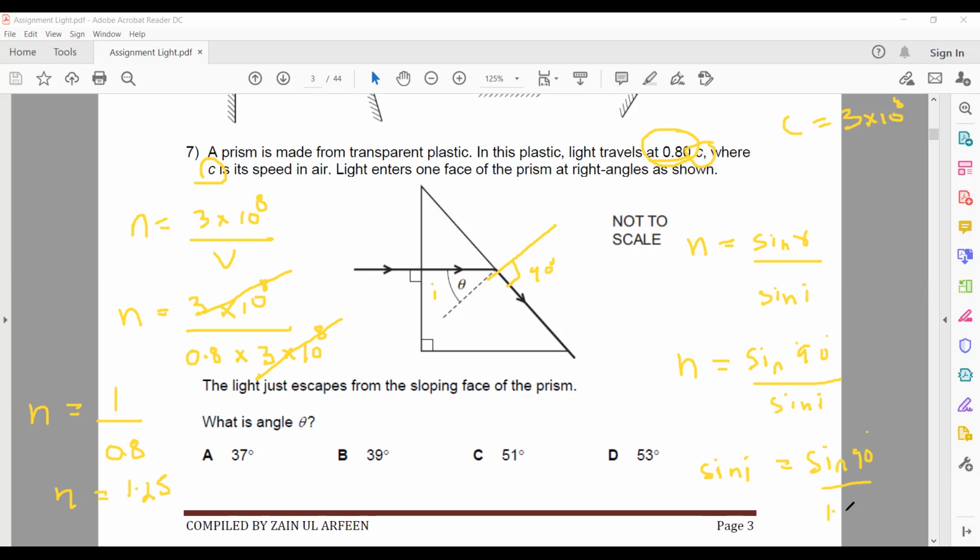So sine 90 divided by 1.25. What's the answer? It's 0.8.